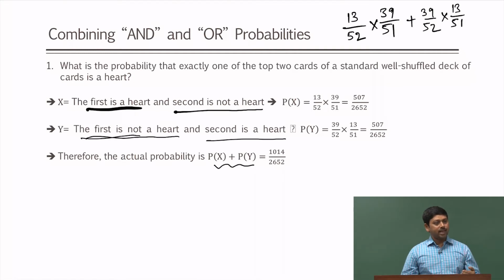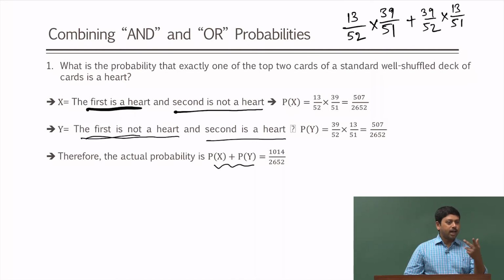We can also do this using a NOT probability. What is a NOT probability? I want exactly one out of the two cards to be a heart. So, I can find the probability that I get either both of them as hearts or none of them as hearts. If I subtract these two probabilities, then I will get exactly one of them as a heart.